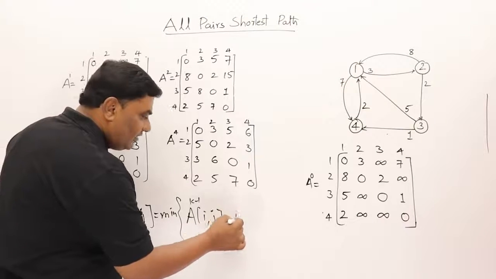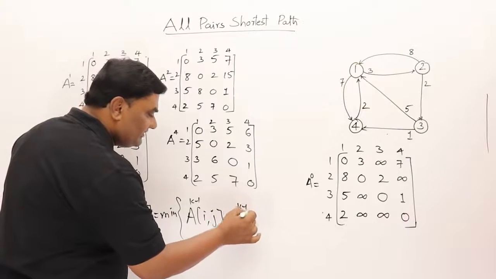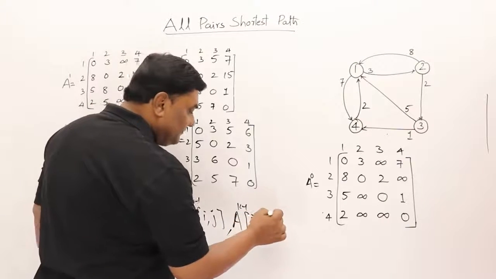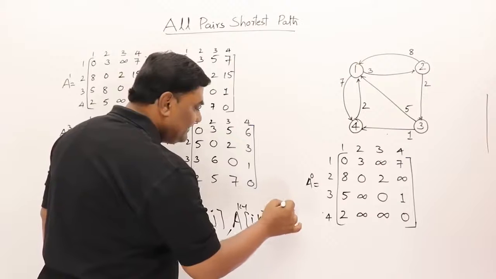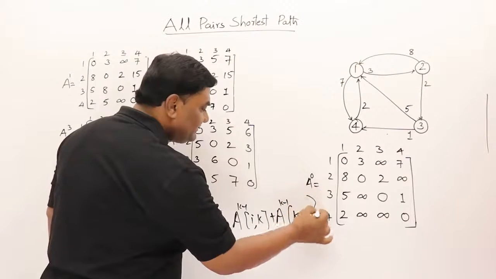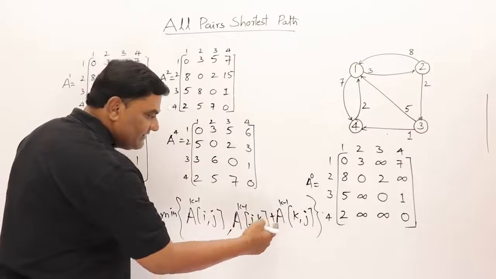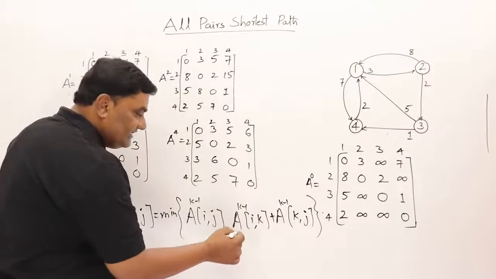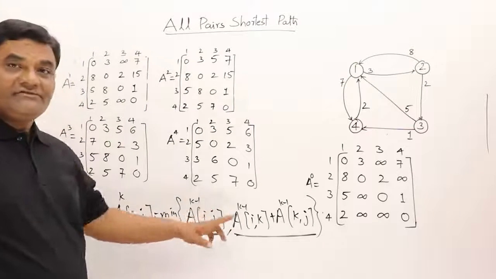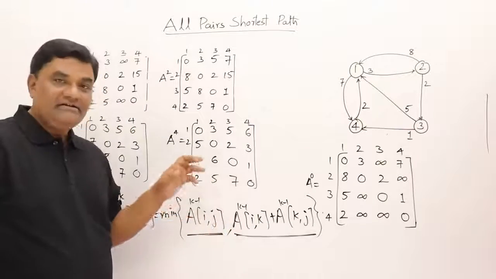Either this or A of k minus 1, i to k, intermediate vertex as k, plus A of k minus 1, k to j. So here you can see that k is introduced in between and addition is done. So either this one is smaller or this one is smaller. Out of this, whichever one is smaller, I was getting that one.